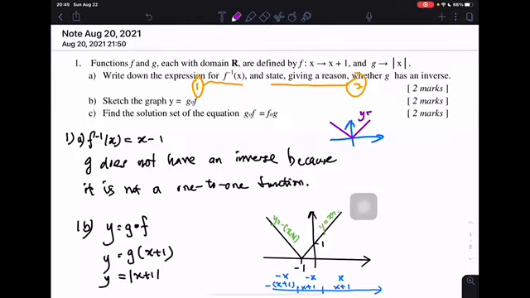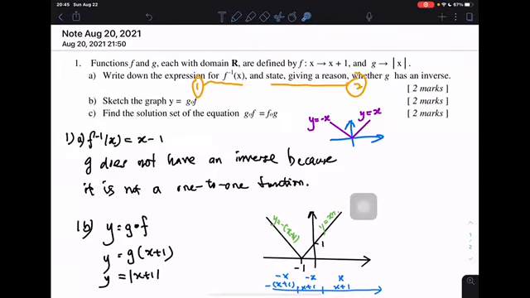The graph on the right hand side is y equals x, while the left hand side is y equals negative x. For x larger than or equal to 0, we use y equals x, and for x less than 0, you use y equals negative x.